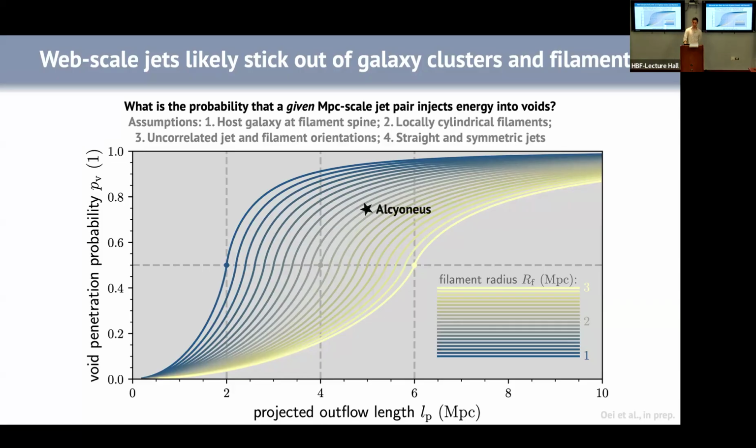If you then put in the positions of two of these giant sources that we found with LOFAR, you see that the probability that such a source enters a void would be 70, 80, 90%. But that is assuming that there's no correlation between jet and filament orientation, but there might be.